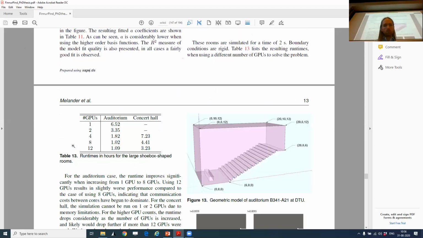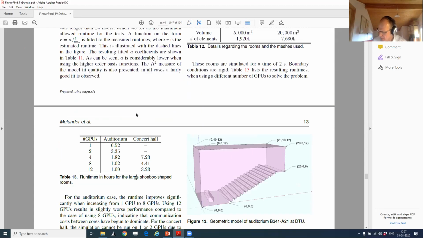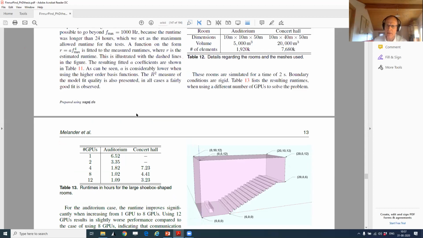You seem to get the results that you trust up to 1 kilohertz. If you use a configuration with 4 GPUs, it takes something like 6 hours to calculate a 2-second long impulse response. That seems to correspond to approximately 10 to the power of 8 points in 3D. I don't know if I've calculated that correctly. We could also say that you make a calculation up to KL around 27,000. Well, no, not KL.